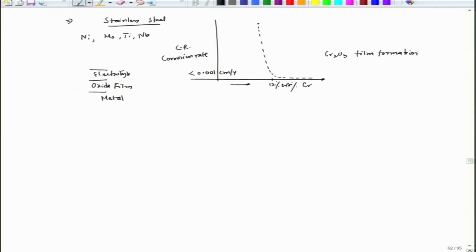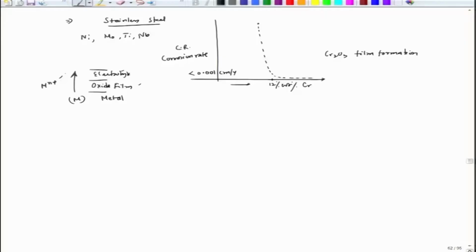So what happens? This is the metal which is forming the oxide, with the oxide film forming on top of the metal. The metal ions migrate through the oxide film and come to the electrolyte, and there it dissolves. So if the oxide film is modified so that the diffusivity of this metal ion is reduced, of course, it will reduce the corrosion rate of that metal.